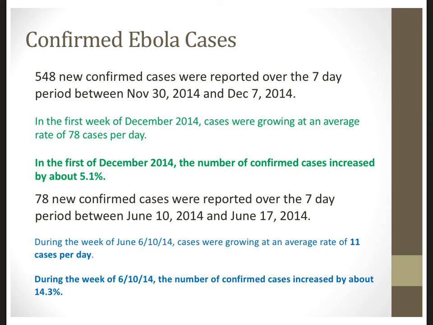An additional 550 cases, certainly that's not a good situation, but that's a less significant increase percentage-wise than what happened over the course of the week in June. So here, certainly the more information that we can say, the better. So it's good to keep in mind both the absolute rates of change and the relative rates of change.